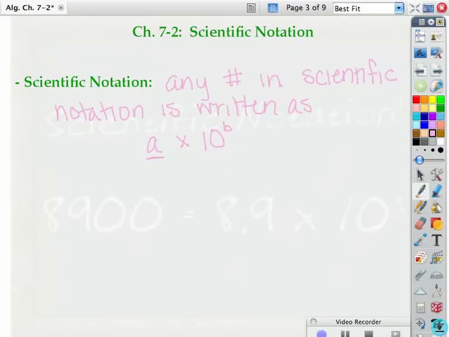The important part of this number here is that it must be greater than or equal to 1 and less than 10.